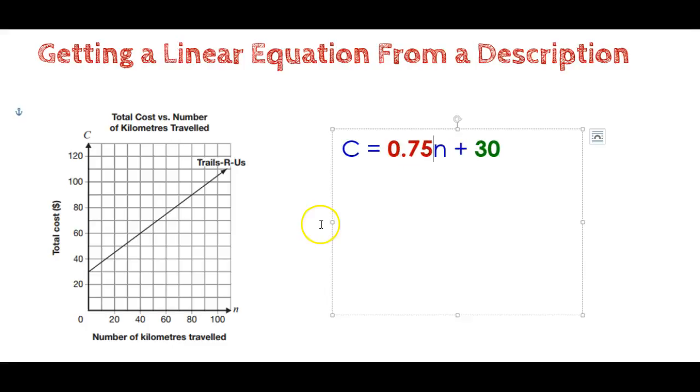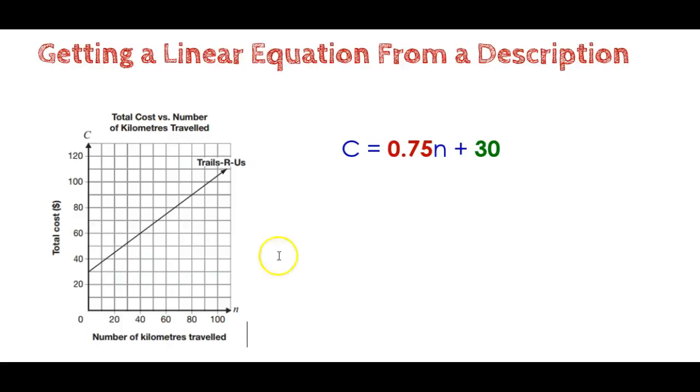Another thing that's really important to remember is that those values for slope and for intercept have meaning, right? In previous lessons, we've looked at interpreting the meaning of the slope and the intercept in order to figure out what's going on in the graph. Today we're going to take the meaning of stuff and then turn it into an equation.